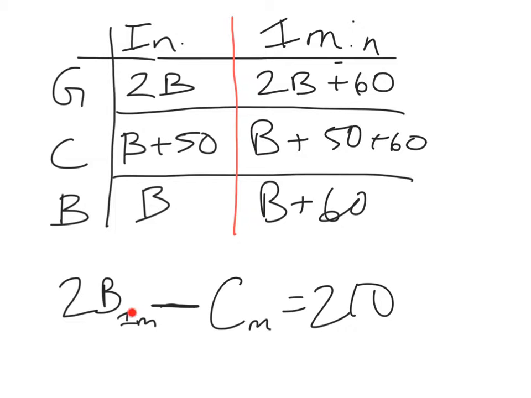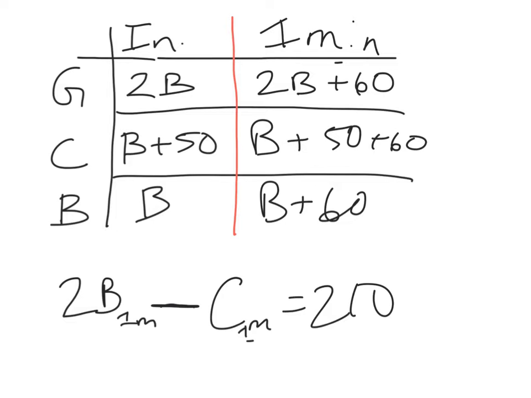Now, these little things I'm writing down here, I should probably add a 1 right there. That just lets me know I'm not using the initial value. I'm using Bill from 1 minute, and I'm using Charlie from 1 minute.